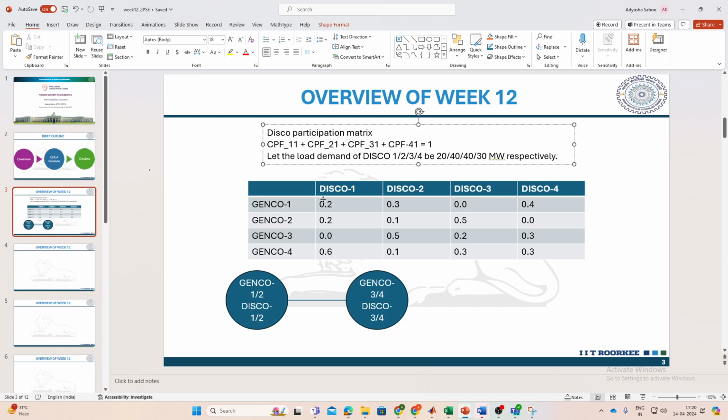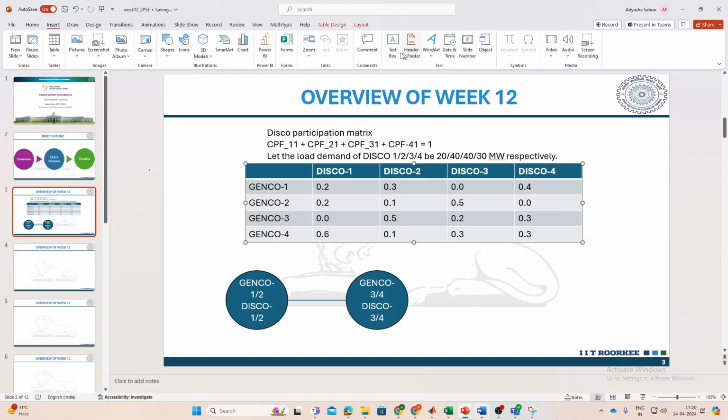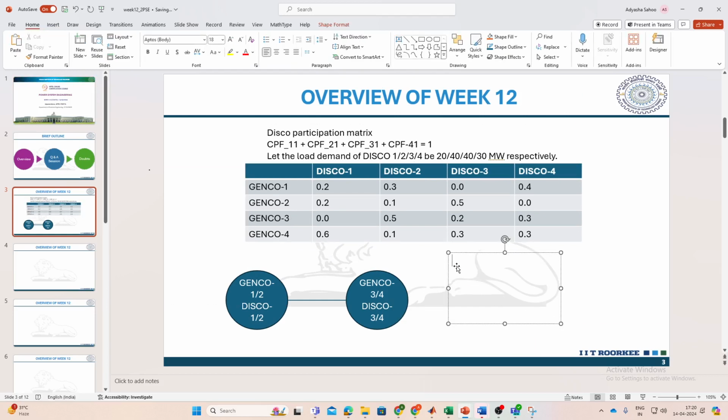How will we do that? Let us see the power generated or contracted by GENCO 1 first. For DISCO 1, the contract participation factor is 0.2 of its total demand, so 0.2 of 20. This row is for GENCO 1.